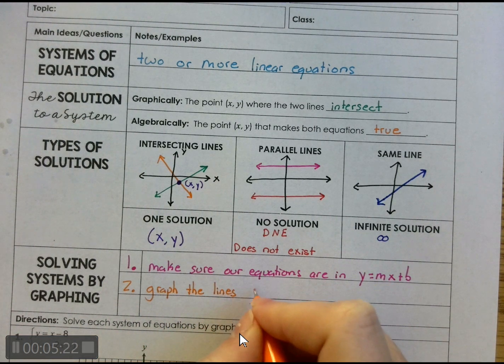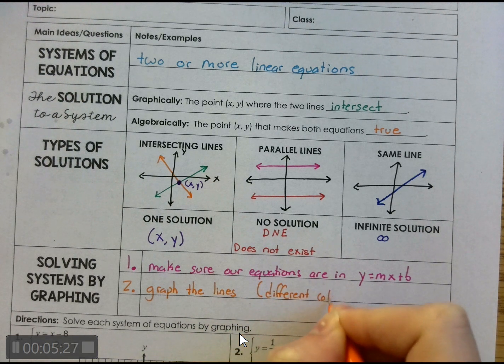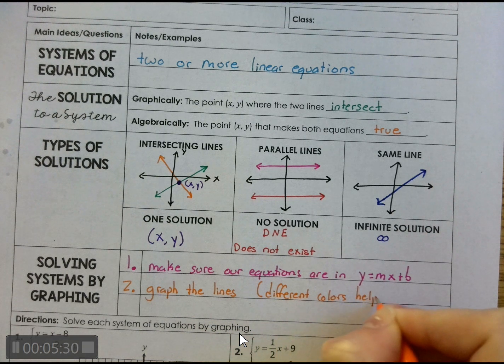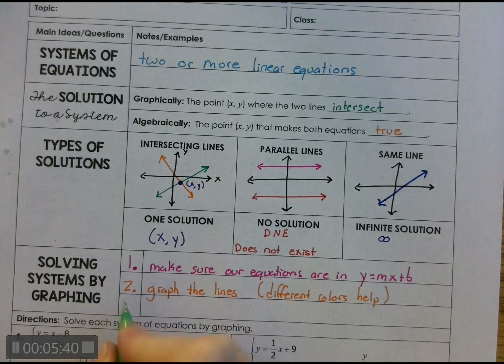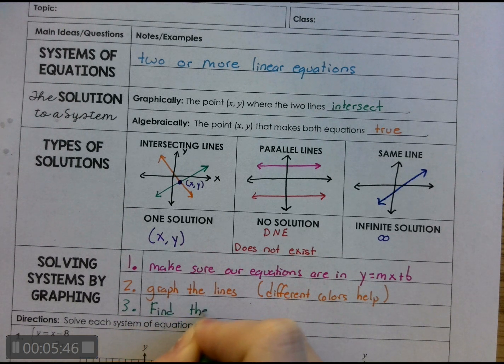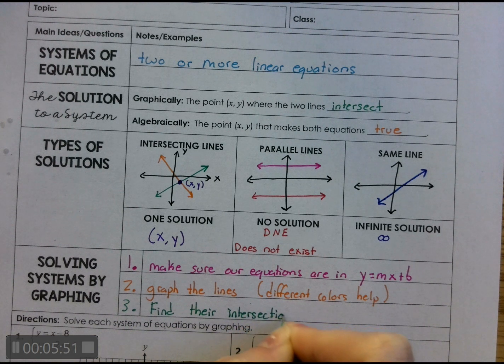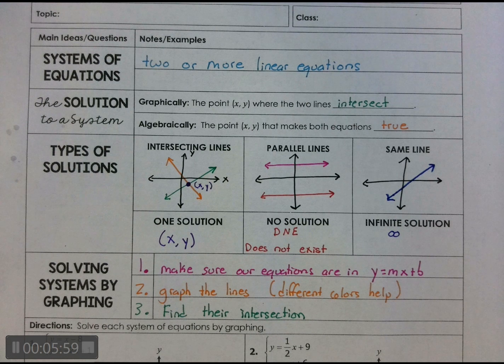And I like to use different colors, so I'm going to say different colors help. That way you can see both of your lines. And it'll come really in handy later. And then finally, we need to find their intersection.